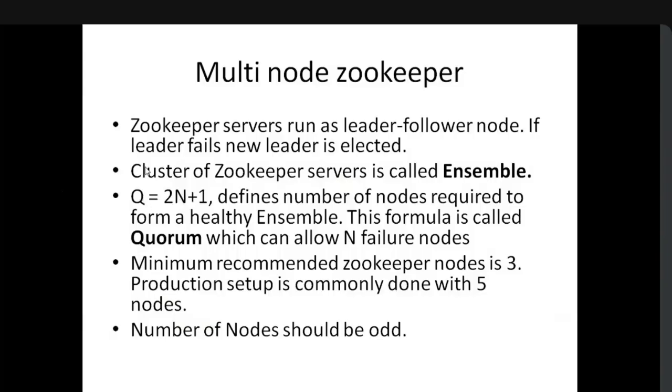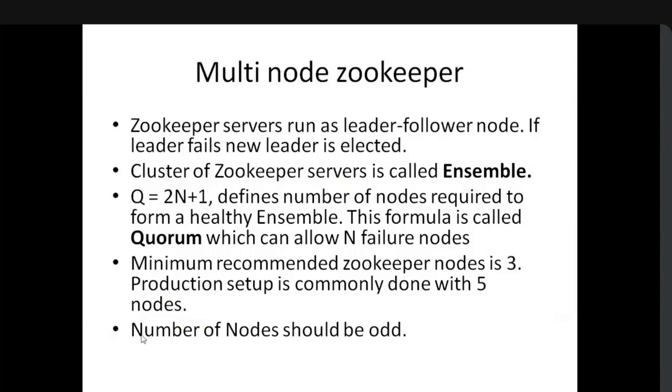So 2 times 0 plus 1, then only we need 1 node. So nodes will always be odd in a zookeeper cluster. Always create a zookeeper cluster with an odd number of nodes, with a minimum of 3 nodes. So you can create a cluster with 3 nodes, 5 nodes, 7 nodes, like that.